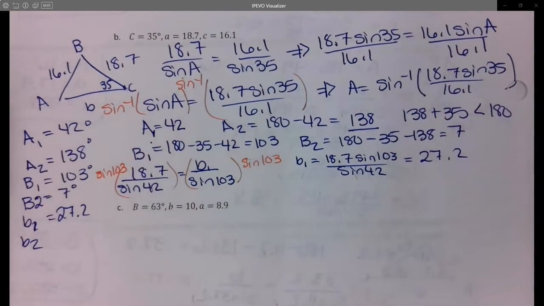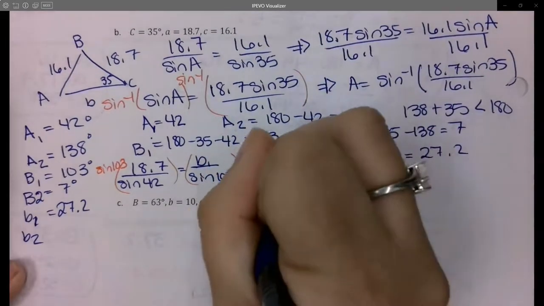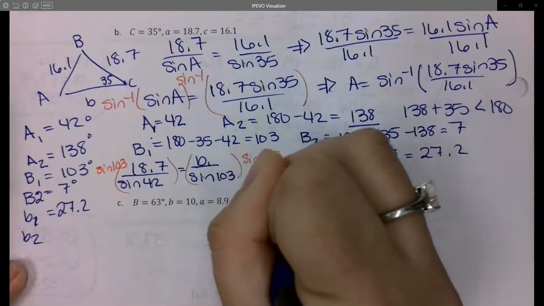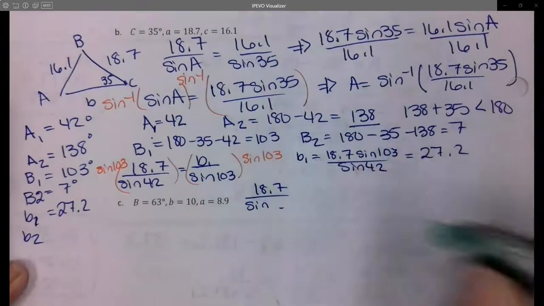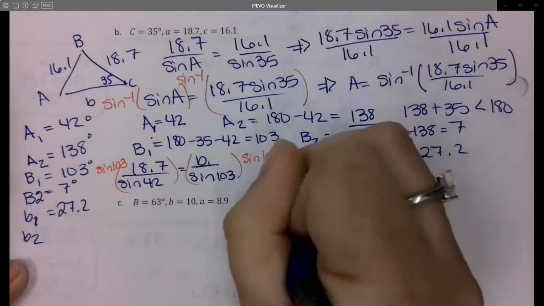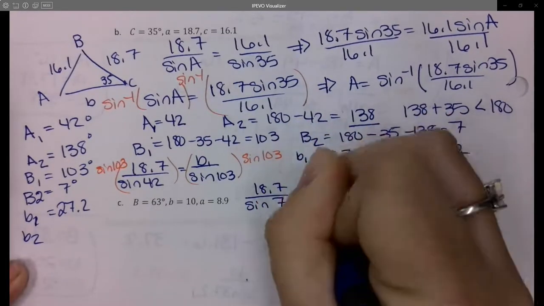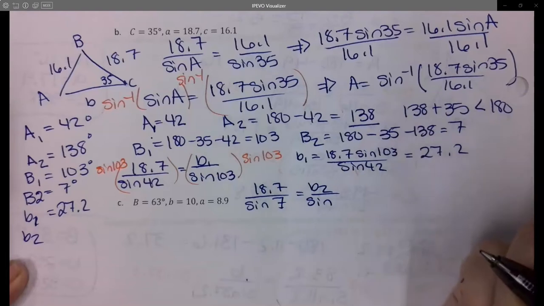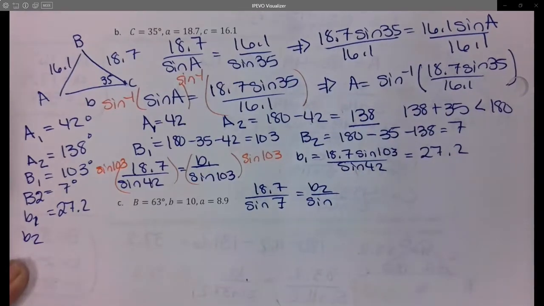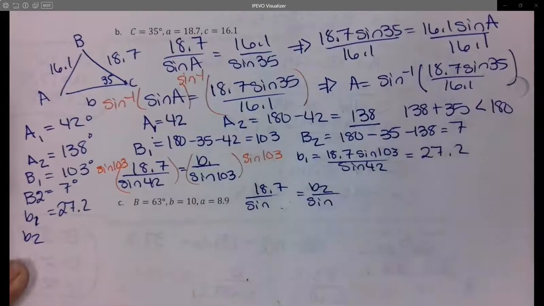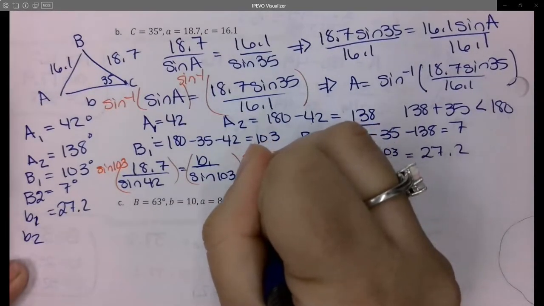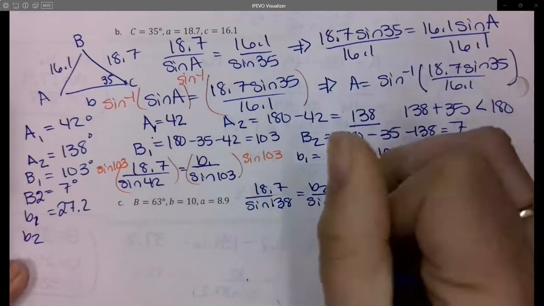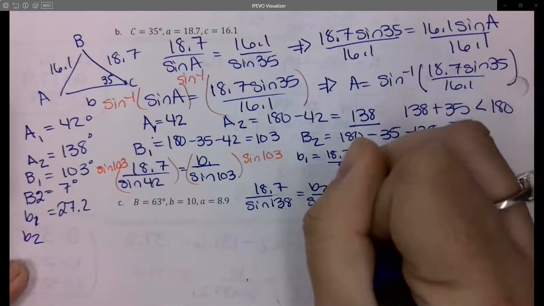Then I want to go ahead and do the same thing for B2. So I'm going to have the 18.7 over the sine 138, no, not 138, 7. My second B value is 7. Equals B2 over, no, this was the 138. My bad. This is my second A value, and then my second B value was 7.